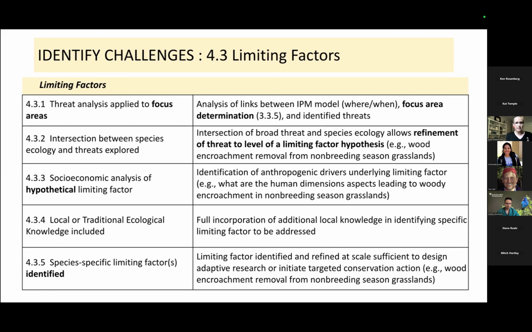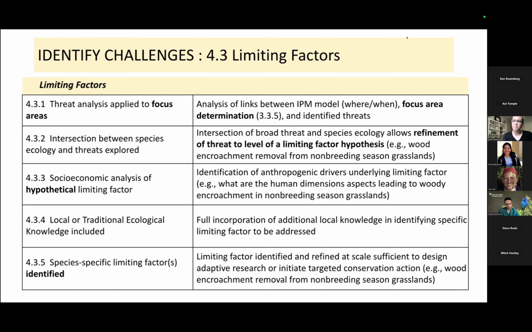So we're pulling all of that together, but now we're really looking at the human dimensions components of this particular threat that are relevant to the species. And so that really hones in on where we're focusing and what we're focusing on.